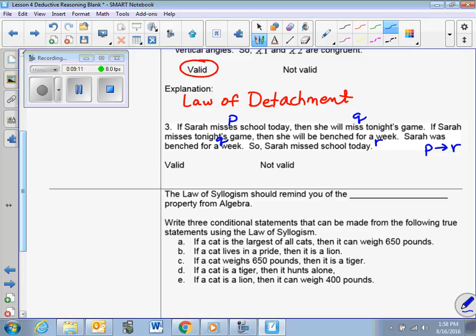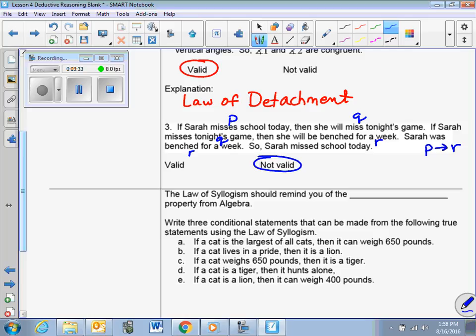But what do we have here? Sarah was benched for a week. Sarah, that's R. So they're telling me R is true. So did Sarah miss school today? No, I cannot conclude that. I cannot conclude that because it is not the law of syllogism. So you got to be very careful about the order thing.